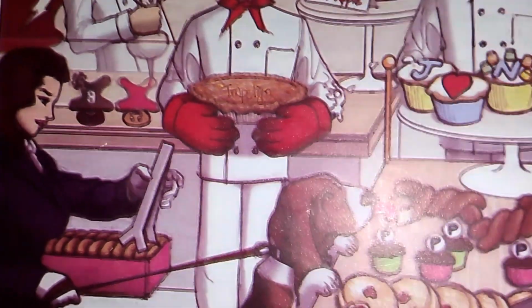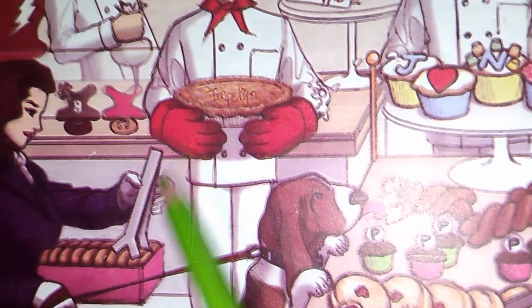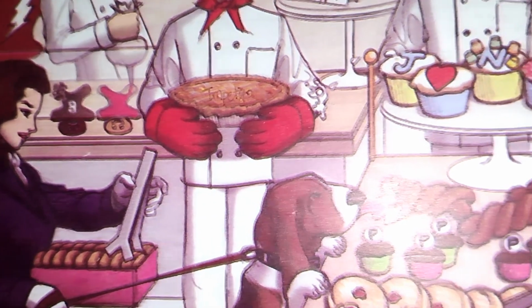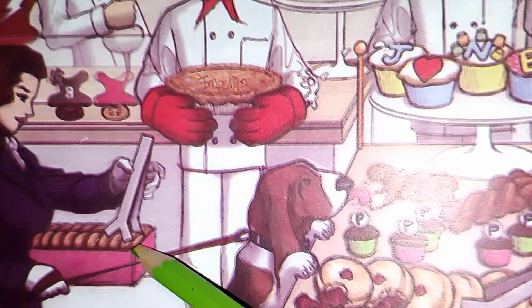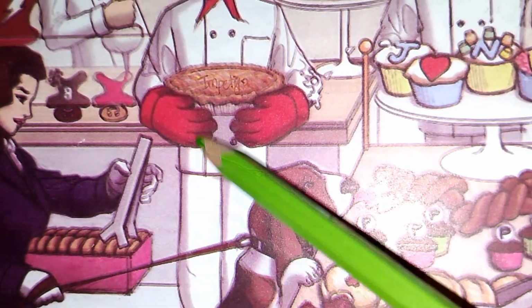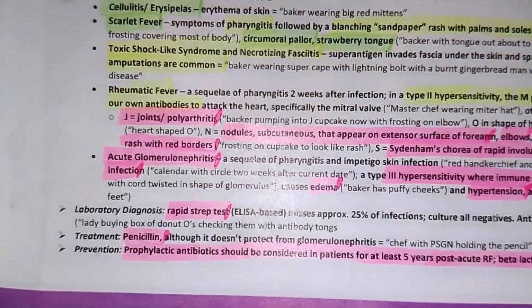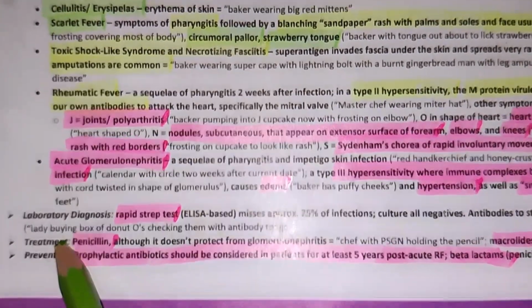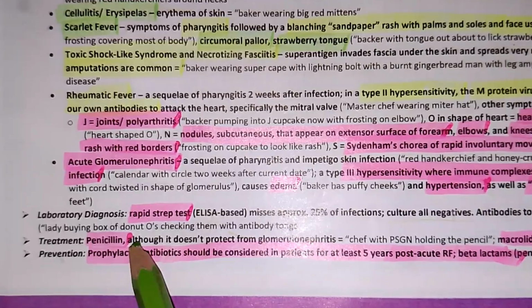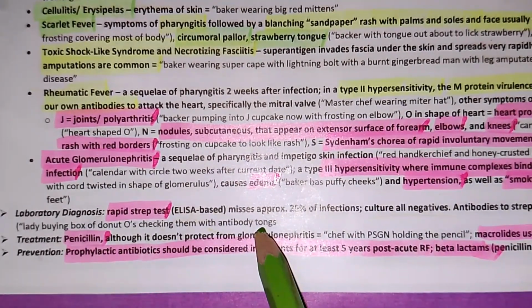So we can see that this lady who is carrying antibody shaped tongs is showing that this disease or the Streptococcus pyogenes can be diagnosed by the ELISA based test, that is the rapid strep test. Treatment, actually it is treated by the penicillin, although it doesn't protect from the glomerulonephritis.